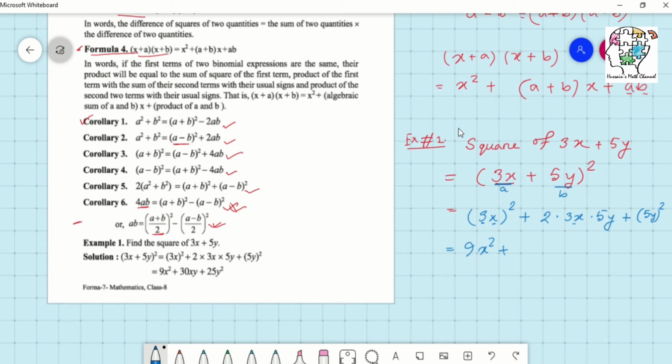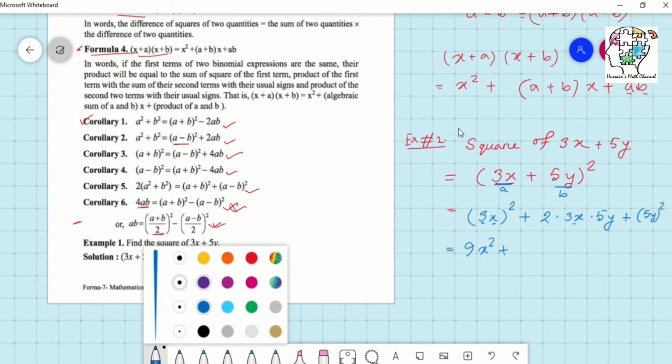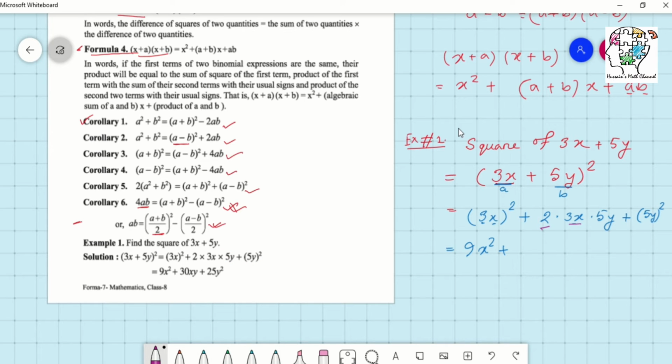Now if we multiply 2, 3x and 5y, 2 times 3 is 6, 6 times 5 is 30, so we get 30xy. Then plus 5 squared, that means 5 squared and y squared. So 5 squared means 5 times 5 is 25y squared. And this is the answer of example number 1.